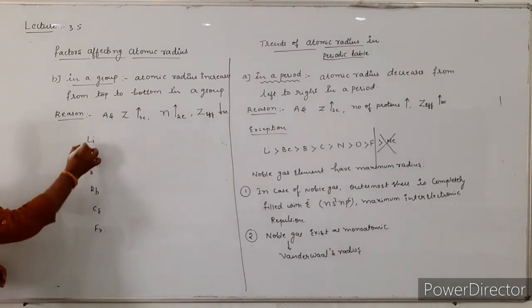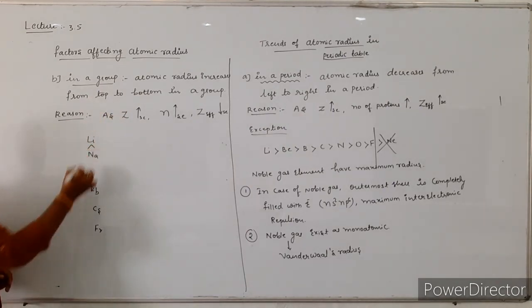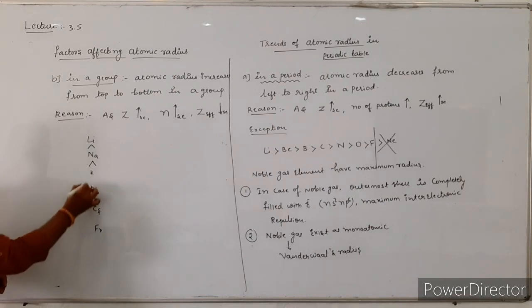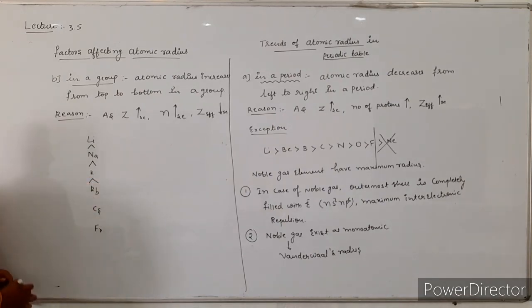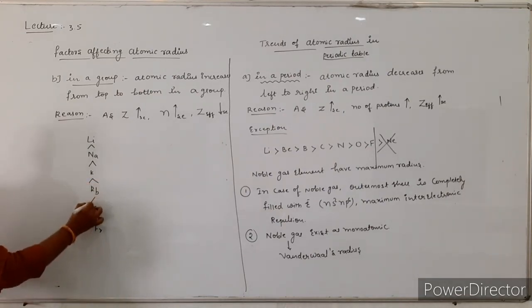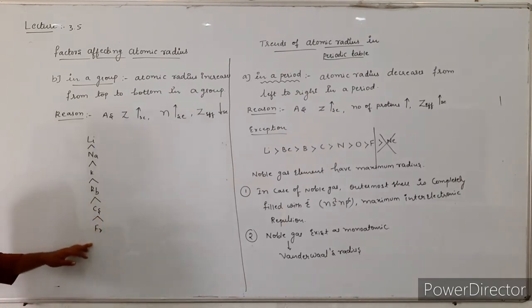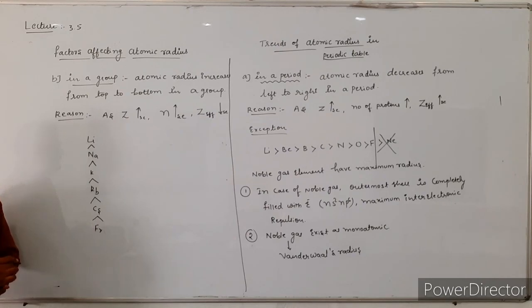That means the radius of lithium is less than radius of sodium. Radius of sodium is smaller than radius of potassium. Radius of potassium is smaller than radius of rubidium. The radius of rubidium is smaller than radius of cesium, and the radius of cesium is smaller than radius of francium. This is the general trend. Here also there are exception cases, but the exception cases are not given for your syllabus.